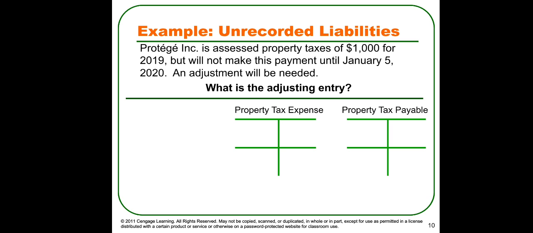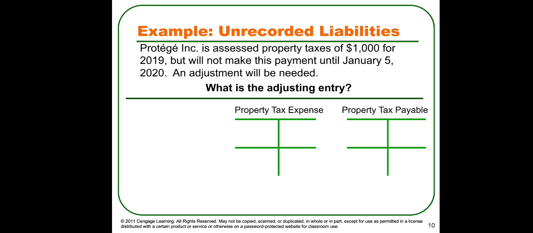The answer is, this $1,000 is a tax expense in year 2019. Why? Because it happened in year 2019. The property is owned by the business in year 2019, and the tax is relevant for the year 2019.